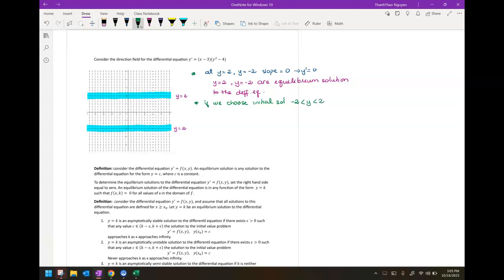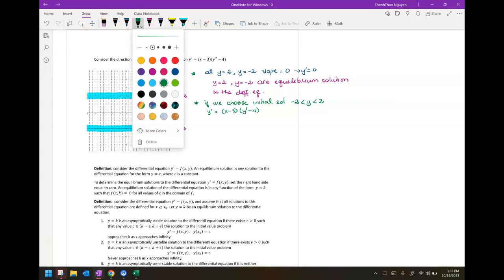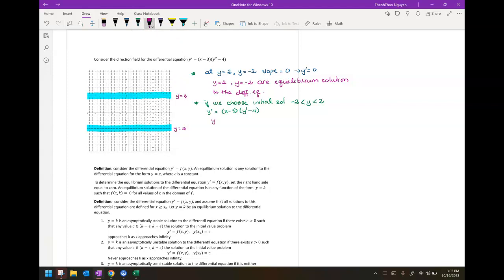Note that if you take a look here, this equation y prime equals x minus 3 times y squared minus 4. y squared minus 4 is greater than 0 for all y in the interval from -2 to 2, right?